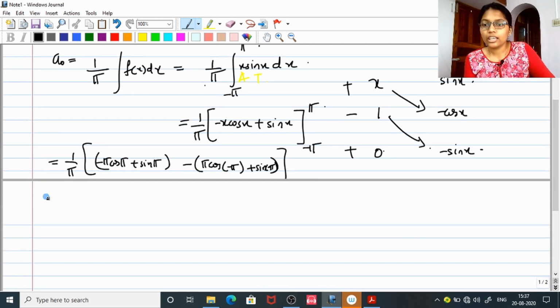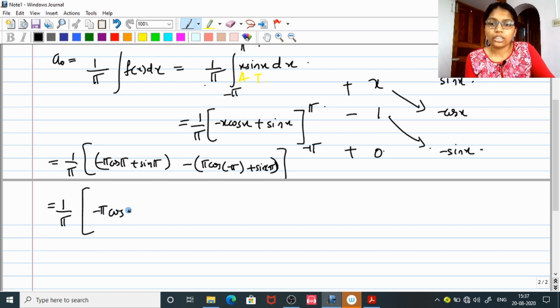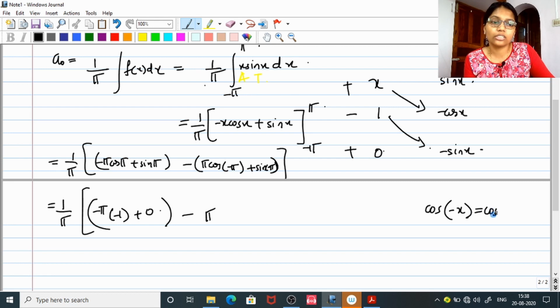Then it is 1 by pi. See, cos pi value is negative 1. You can check out my previous video again here. Minus pi, cos pi value is negative 1, plus sin pi value is 0. Minus pi into cos of negative pi. Since cos is an even function, you can write cos negative x is cos x itself.